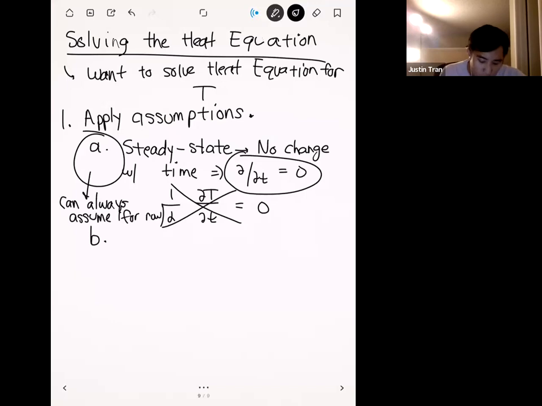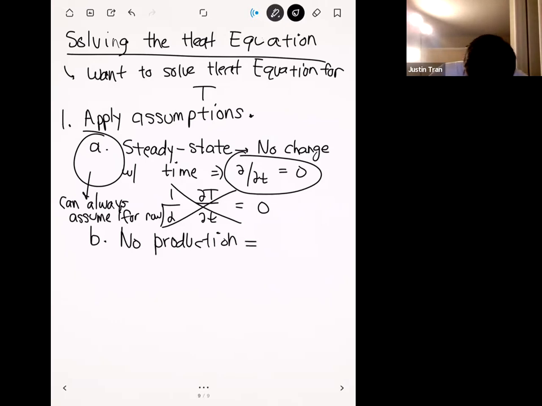Another assumption that we have to make is with regards to the production term. Another common assumption is that there's no production. With no production, we're basically assuming that there's no conversion of thermal energy occurring within this system.